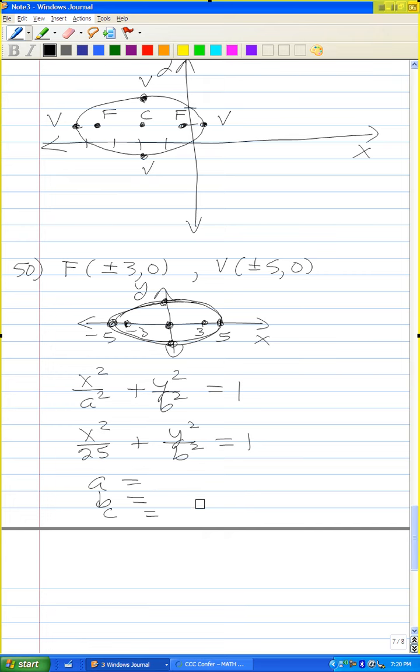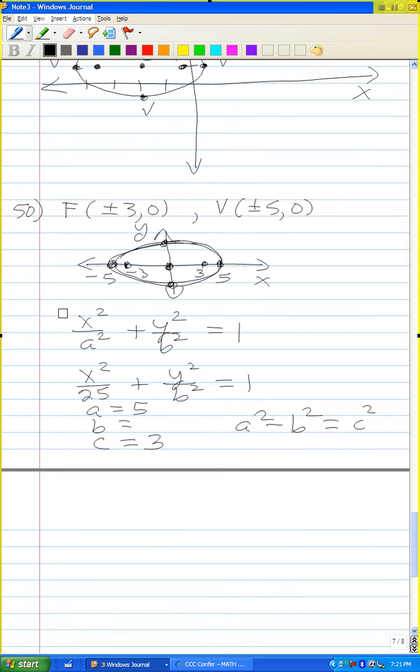Okay, let's try this again. A is 5. I do not know B. C is equal to 3. But I know that A squared minus B squared is C squared, because I know that the major axis is along the x-axis. So A is bigger than B, so I don't need absolute value.